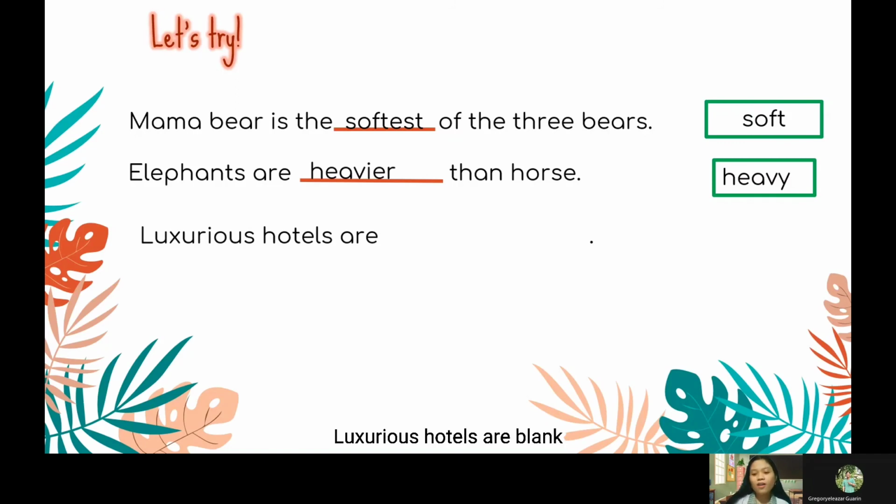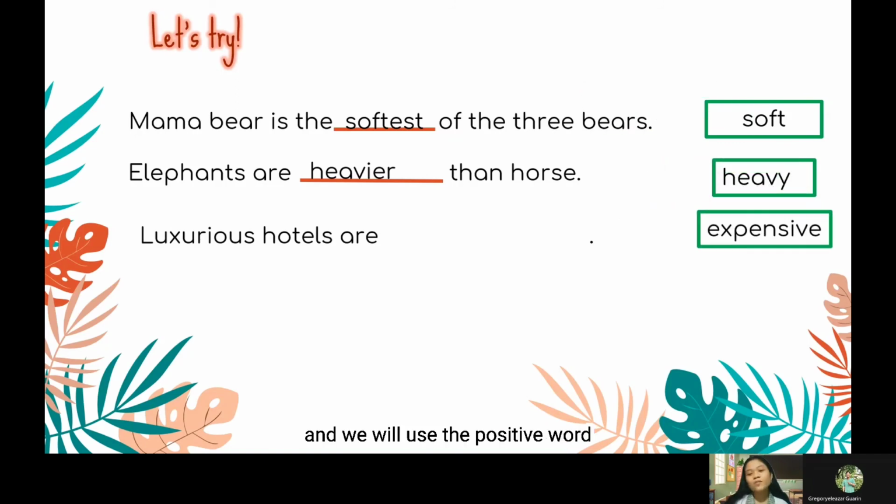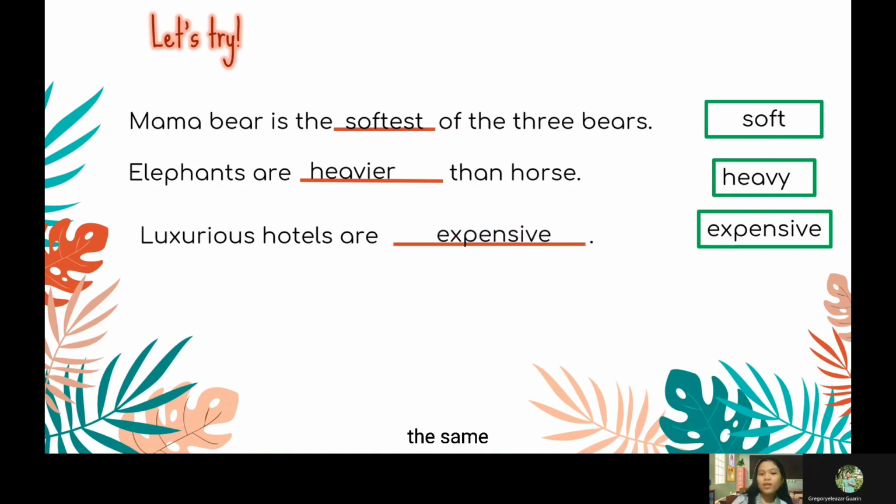Next, luxurious hotels are blank. And we will use the positive word expensive. So notice here that we don't compare any nouns, comparing two or more nouns in this sentence example. So it's just the same, expensive, because we don't compare, we're only describing the luxurious hotels, which are expensive.